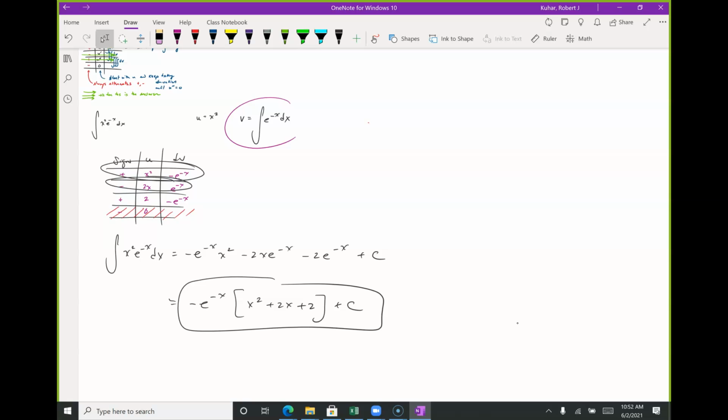Okay, so essentially based upon the chart, we're just taking the derivatives of u and the antiderivative of dv. Yeah, and it's usually that last row, that last column where students will forget to take the antiderivative first.